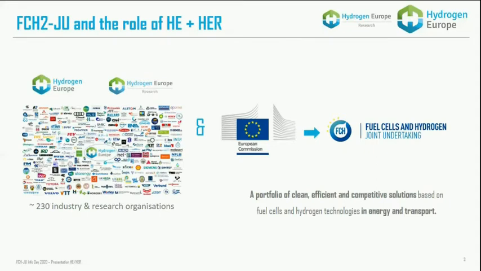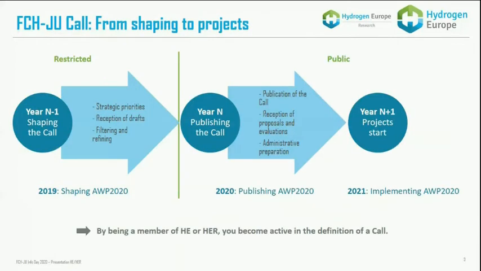That is the Hydrogen Joint Undertaking. Altogether, there are almost 230 industry and research organizations, including national associations. And I think this figure is actually not accurate. We are closer to 250 organizations, and that went quite fast.